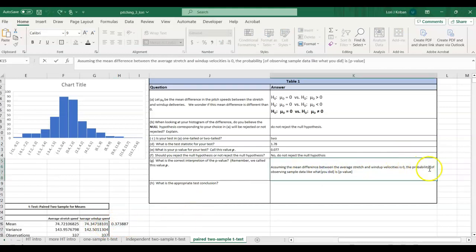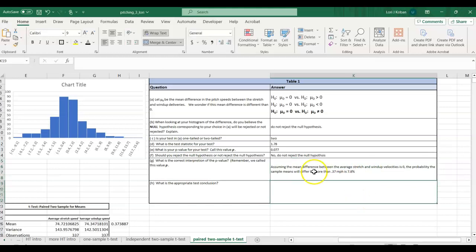So we can just say the probability the sample means will differ by more than 0.37 miles per hour is 7.8%. So assuming there's no difference, the probability that we'll see stuff like what we saw in our sample is quite common. So do not reject the null hypothesis.